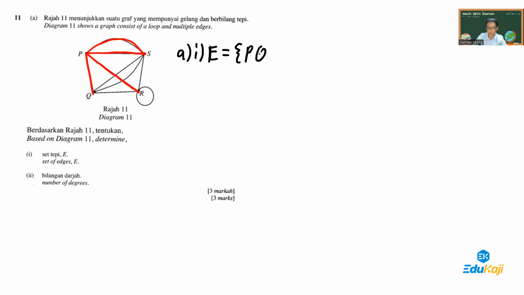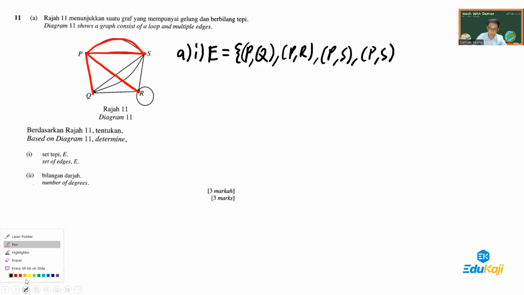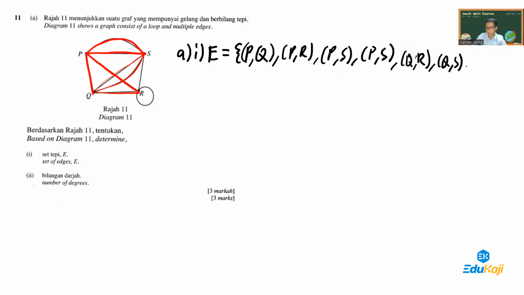So PQ, PR, PS, PS, then QR, QS, also twice, QS, QS, QR, QS, QS, then this one, RS, and the loop here, RR.